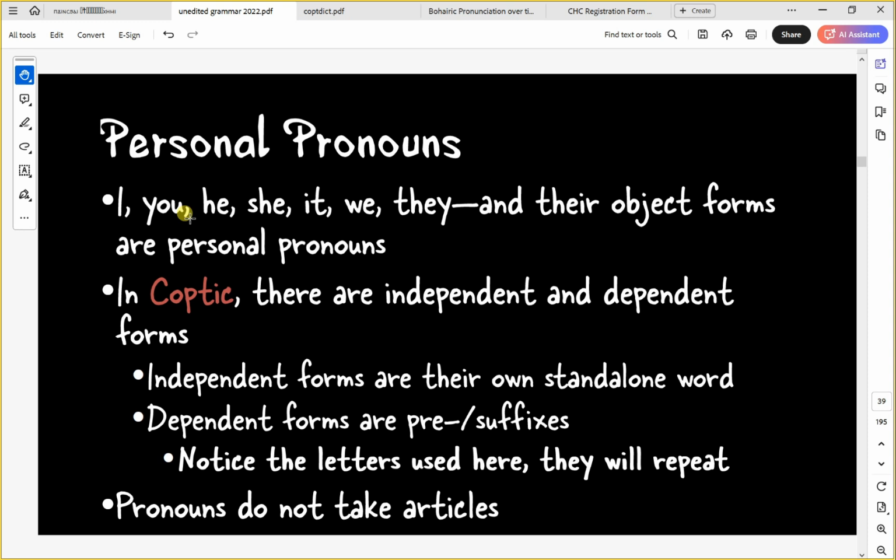which is right here. Personal pronouns: I, you, he, she, it, we, they, and their object forms. So object forms meaning me, him, her, us, them. These are personal pronouns. In Coptic, there are independent and dependent forms. Independent form means it's a word. So I told you guys before how Coptic was written in one string of letters.